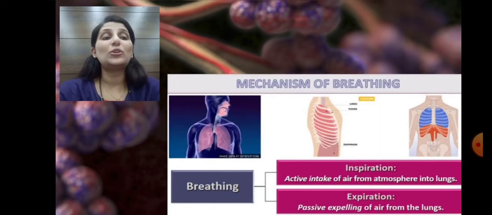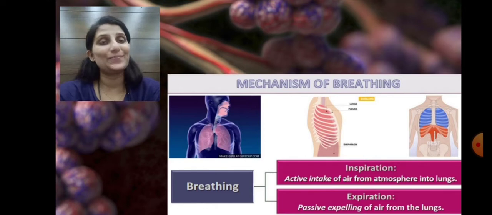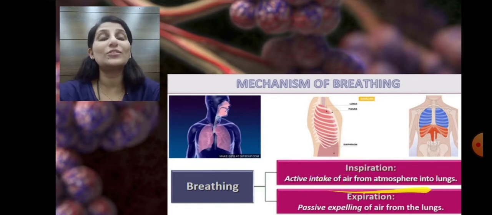Next, we learn about the mechanism of breathing. The mechanism of breathing involves two steps, that is inspiration and expiration. What is inspiration? Active intake of air from the atmosphere into the lungs, that is oxygen-rich air from the atmosphere is actively taken into the lungs, and this is called inspiration.